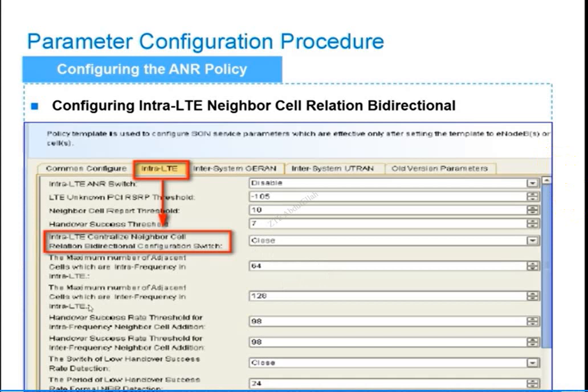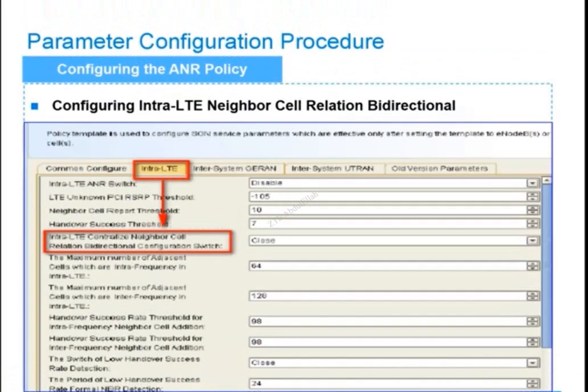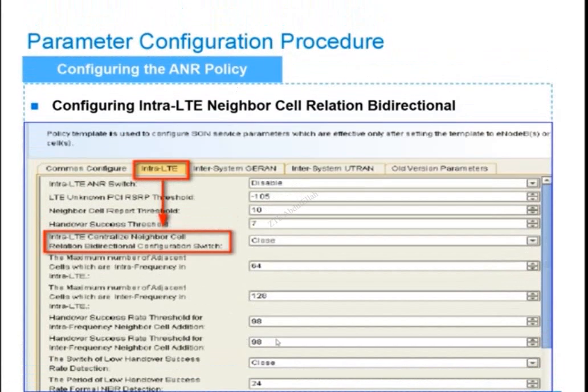The remaining parameters decide under which condition it will add a cell to the neighbor list. For example, here the handover success rate threshold for intra-frequency neighbor cell addition is 98%.